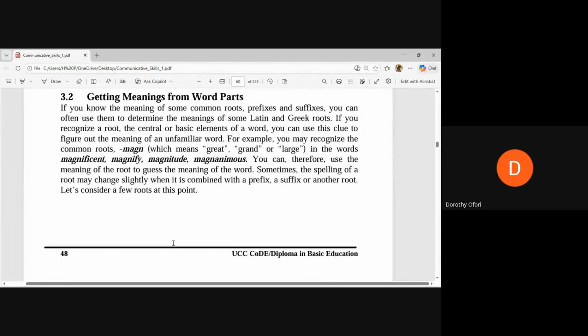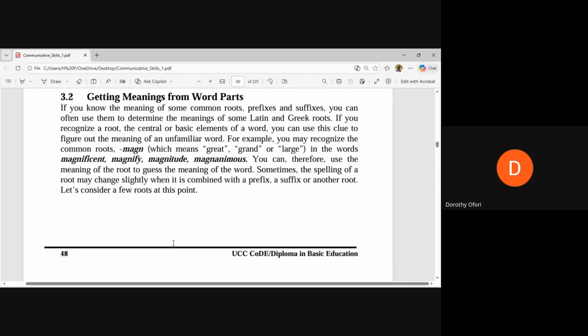Okay. Now, before we understand a word, the first thing we should do is divide it into its parts, and we will get information from them.